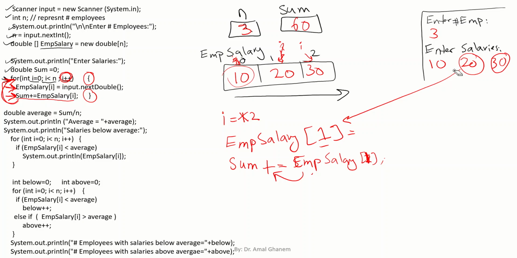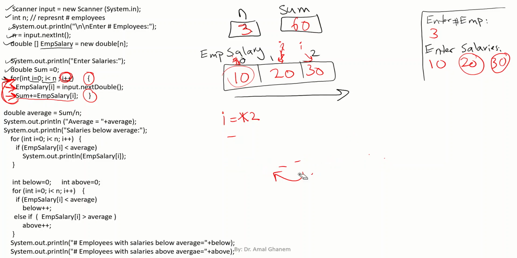So we are done with the reading of the values, and each time we read a value we save it in the location. Also the summation is updated, because the summation will hold the summation of all of the elements in our array. So this is done with the for loop reading and updating the sum.